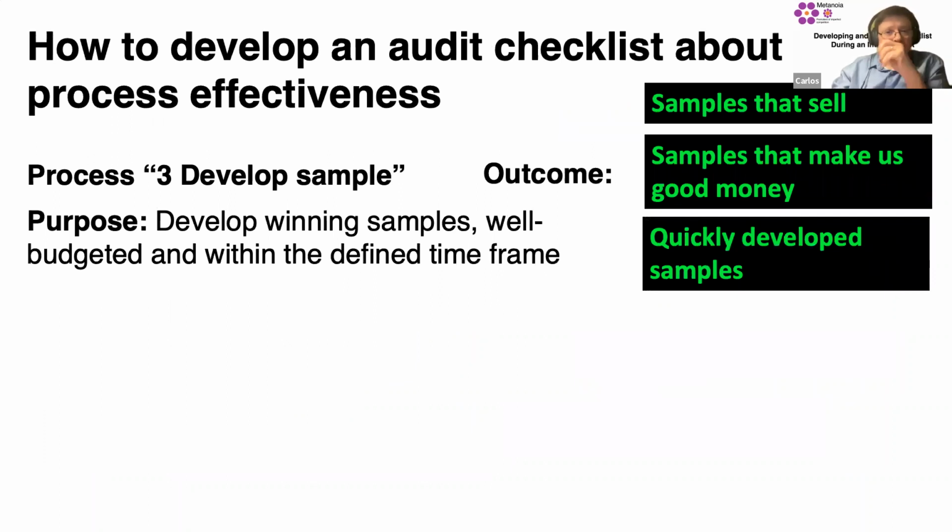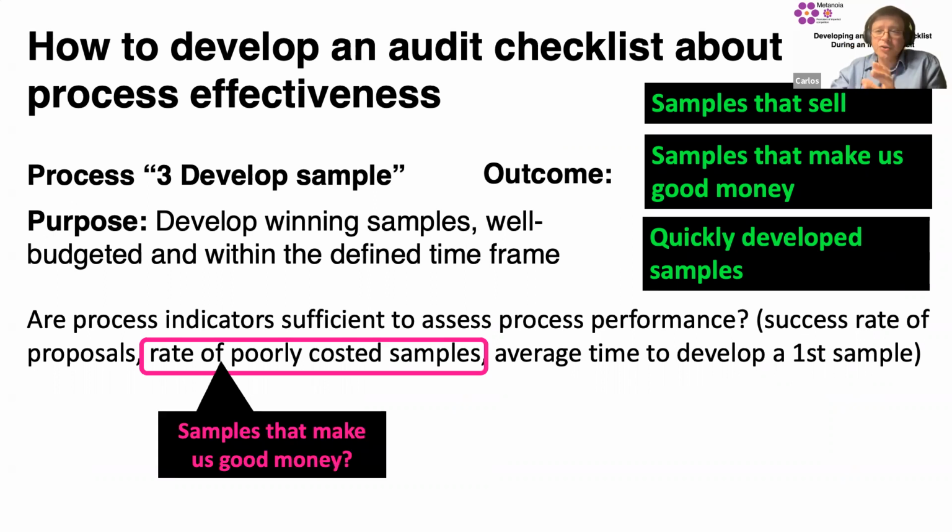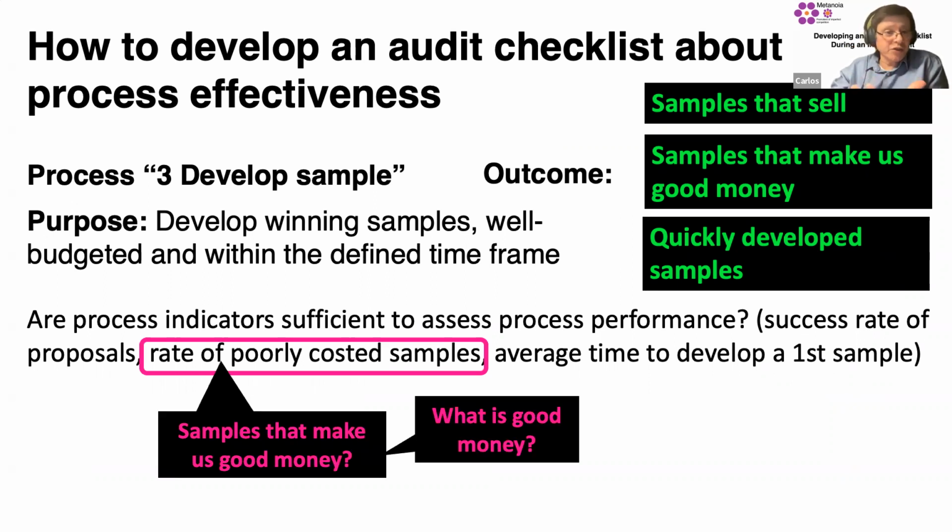Now, you can go even deeper and ask, are process indicators sufficient to assess process performance? For example, what do they mean by samples that make us good money? What is good money? What is the strategic orientation of the company?